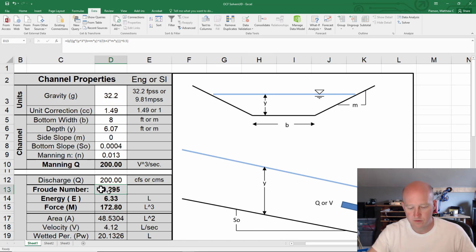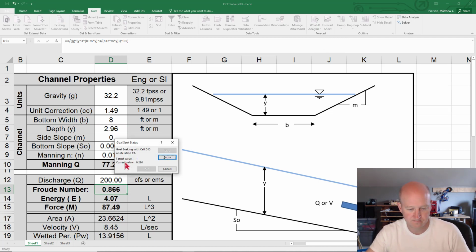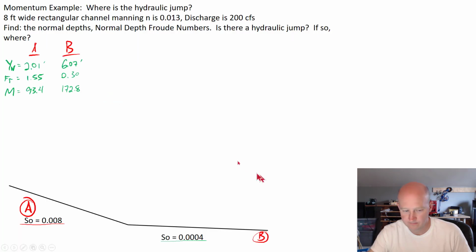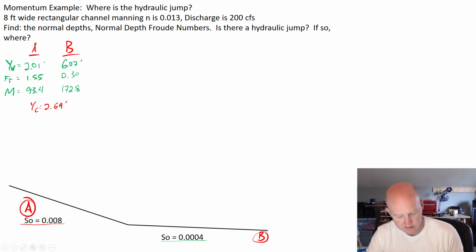We want the Froude number to be equal to 1 to get critical depth, so we'll goal seek that one again to 1, by changing the depth. We get 2.69. So let's sketch this out.